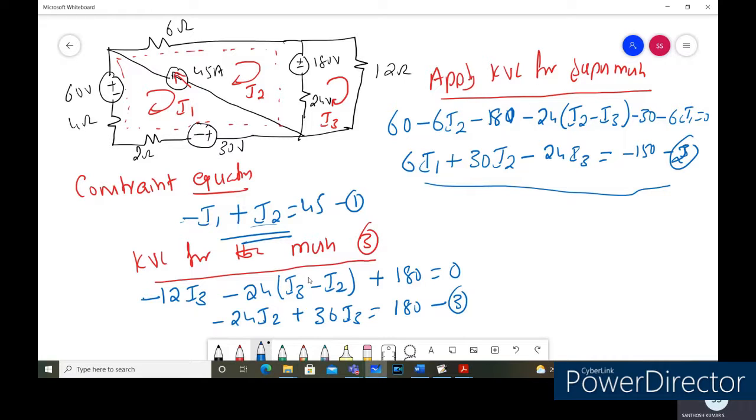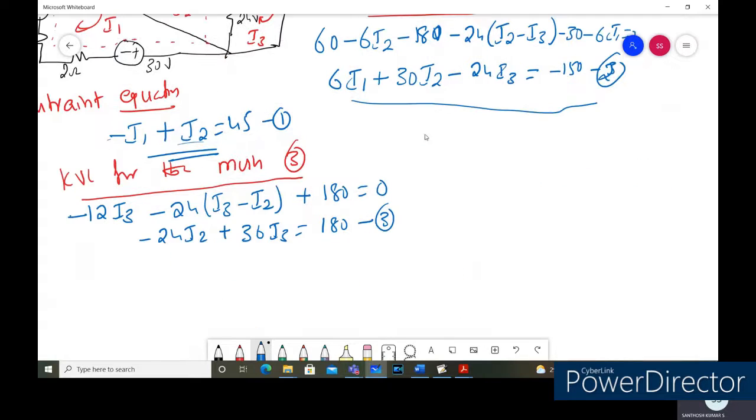Let us express these equations in matrix form. From equation 1, we have the I1 term, I2 term, so that is minus 1, 1, and we don't have the I3 term, 0. From equation 2, we have 6, 30 and minus 24. From equation 3, we have 0, minus 24, and 36.